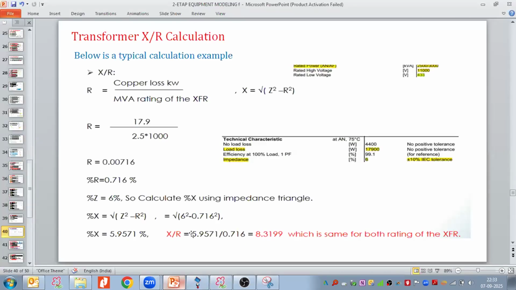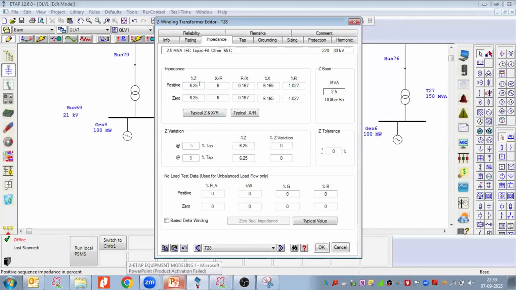Same, like we convert 8, because in my case Z was 6%. So due to that reason, if we convert this as 6%, let us see how much it is coming.